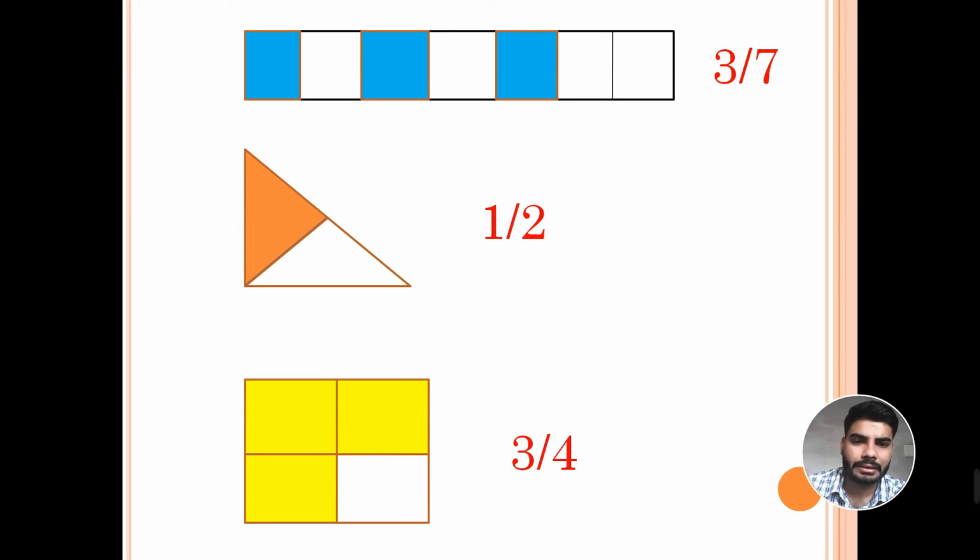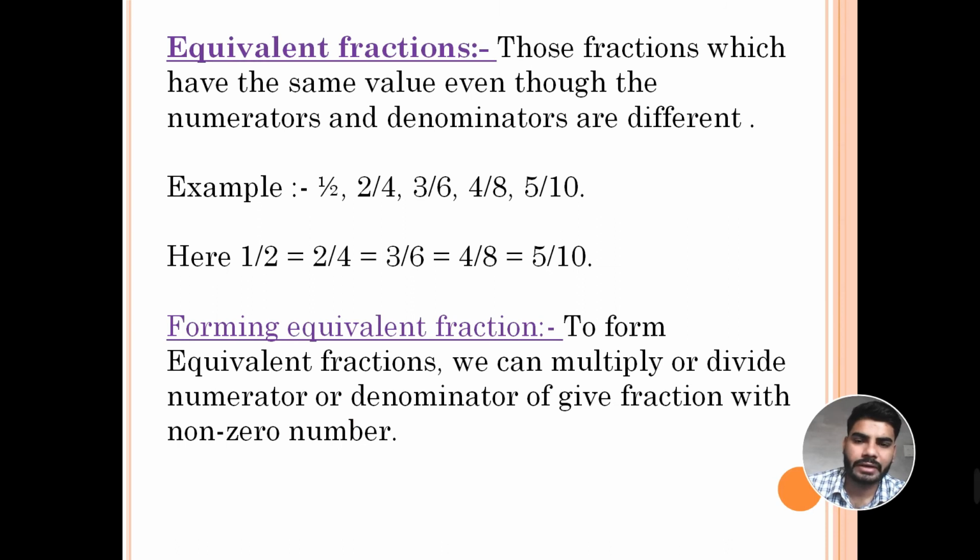Now let's understand about the equivalent fractions. Those fractions which have the same value even though numerators and denominators are different are called equivalent fractions. Like you all can see in the example here, 1 by 2, 2 by 4, 3 by 6, 4 by 8 and 5 by 10.